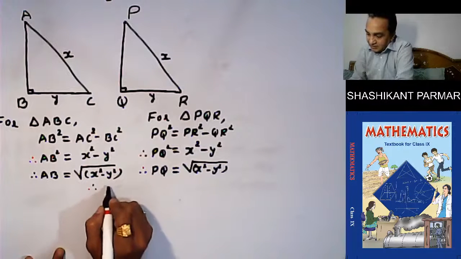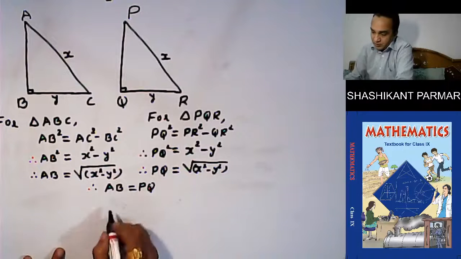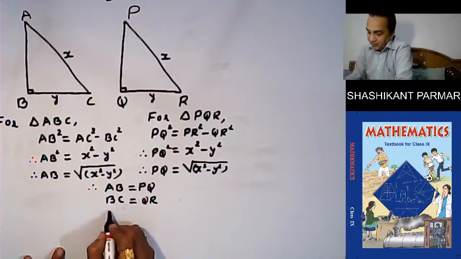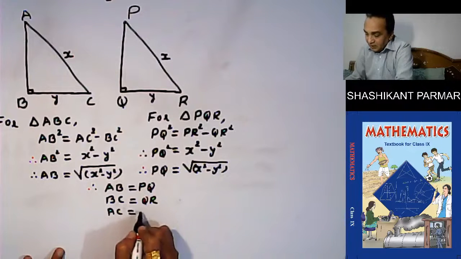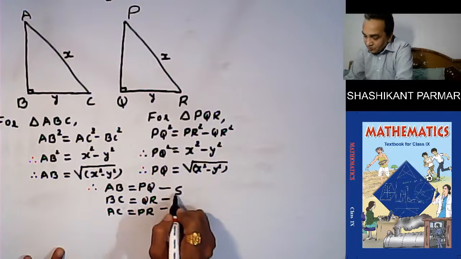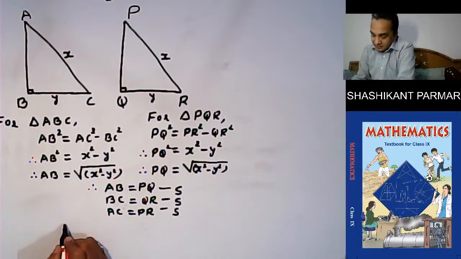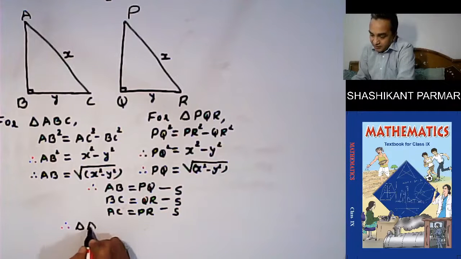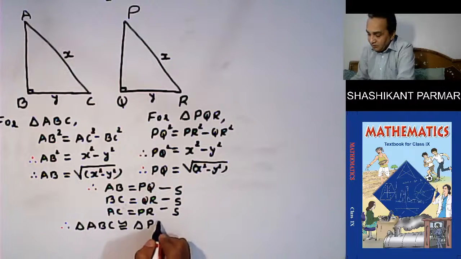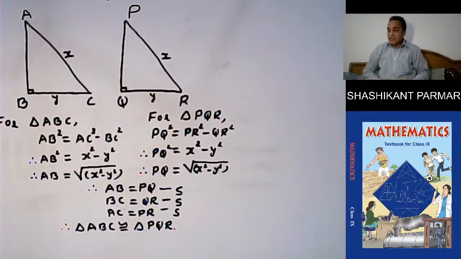Or we can write AB is equal to PQ. BC is equal to QR is given, and AC is equal to PR is given. So by the side side side rule, we can say that triangle ABC is congruent to triangle PQR. This is the proof of the RHS theorem.